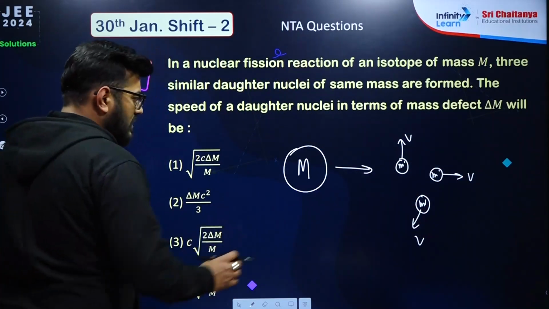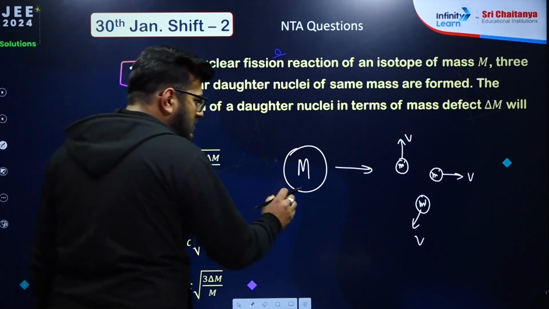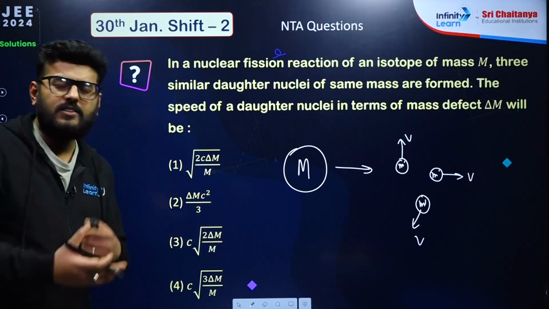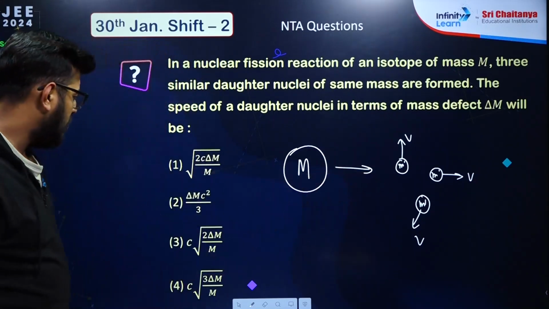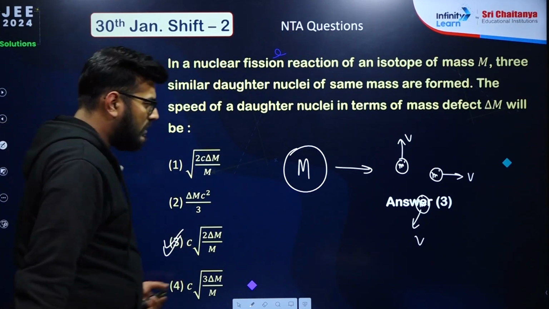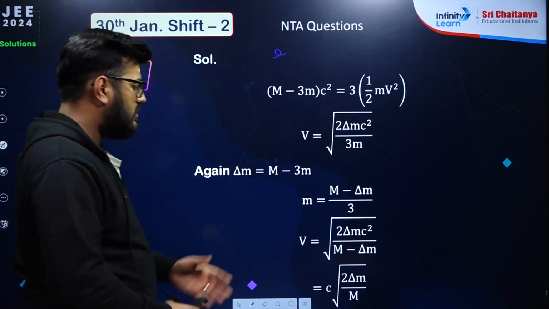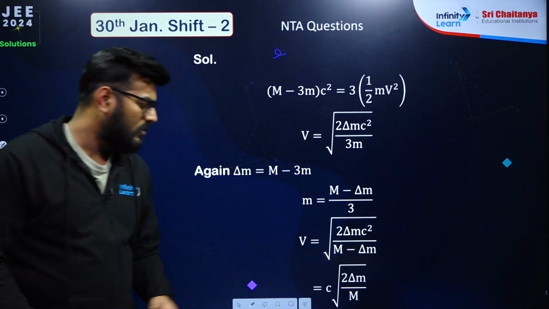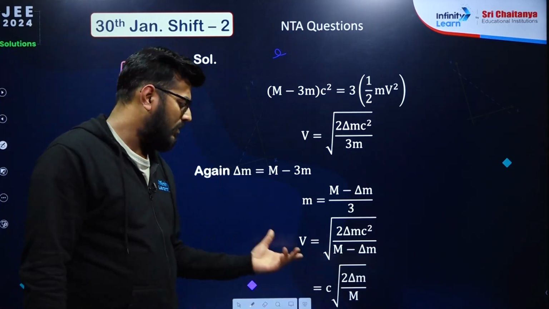So the simple approach is that whatever energy is released because of the mass defect will be the total kinetic energy of all the 3. And based on that, the correct answer over here is obviously going to be option number 3. The solution is given over here and you can see the correct answer is option number 3, that is c times the square root of 2 delta M upon capital M.